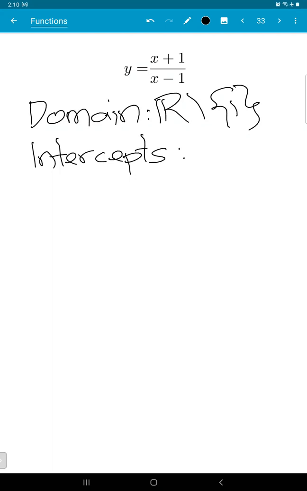Anyway, so intercepts. And there are two, x-intercepts and y-intercepts. And just to review, to get the x-intercepts, you have to set y to 0. Since you're considering a rational function, you have to know how to find the zeros. You might equate the denominator to 0 as well, but remember, the denominator cannot be 0.